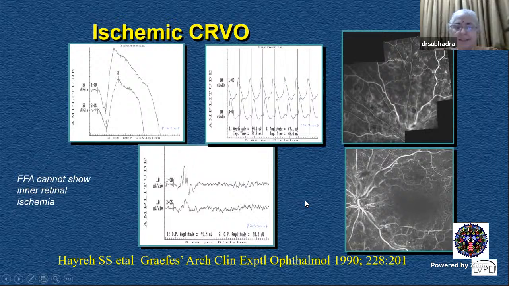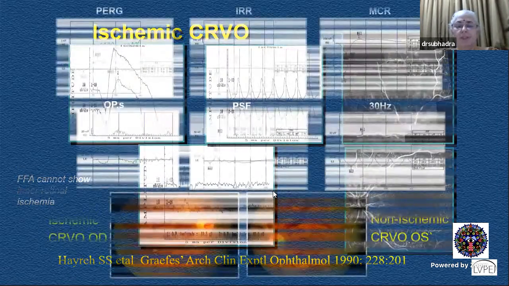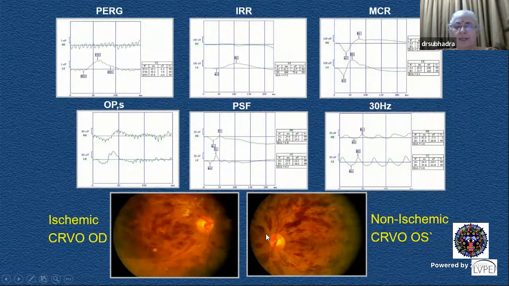Same thing, we can see here that the oscillatory potential is not very bad. The flicker is a little bad. So this is telling us that there is an ischemic CRVO, even though the FFA doesn't show widespread capillary non-perfusion. So this I had shown last time also, both eyes bilateral CRVO, and the patient needs to know that his right eye is ischemic and left eye is non-ischemic, because the flicker ERG is very good in the left eye, it is bad in the right eye.